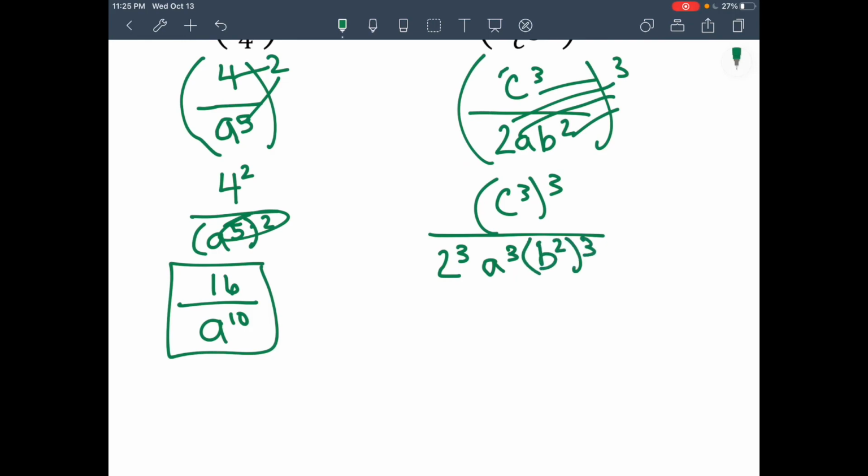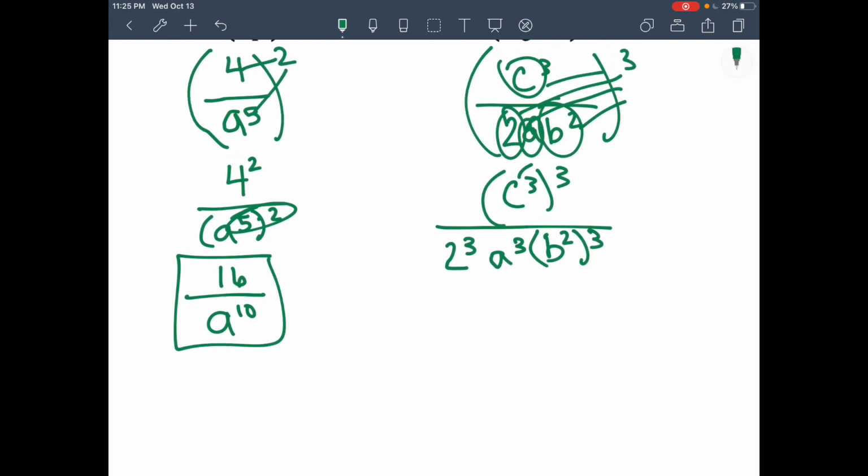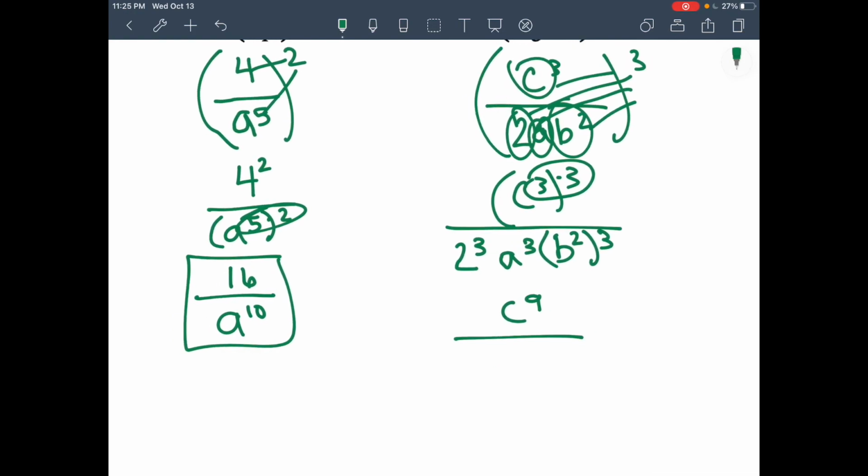So we got up to 1, 2, 3, 4 items. So now we actually just have to cube everything that has to get cubed. So 3 times 3 is 9. And then 2 cubed is 8. And then a cubed. And then b squared cubed is 2 times 3 is 6.